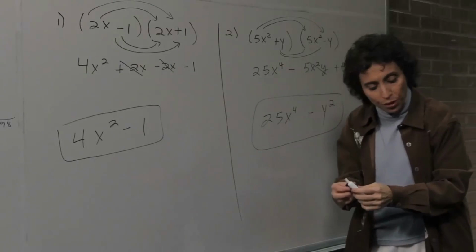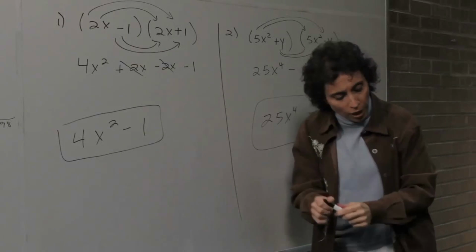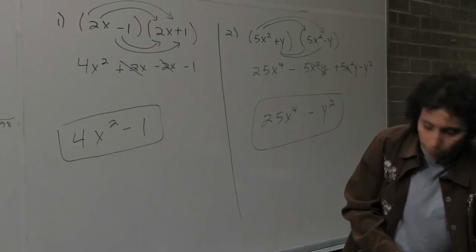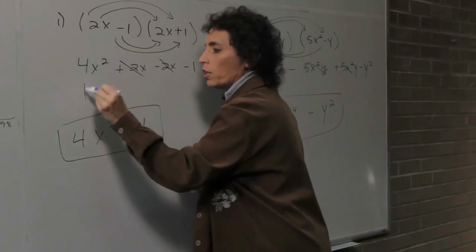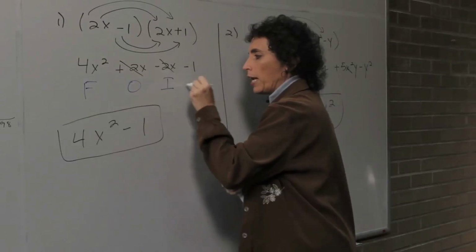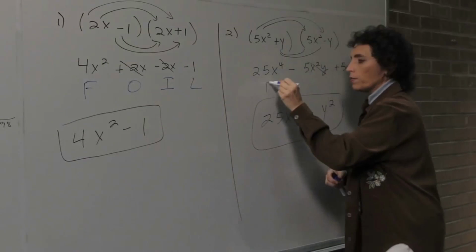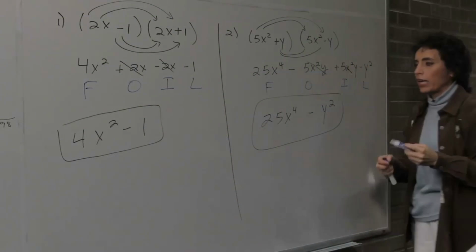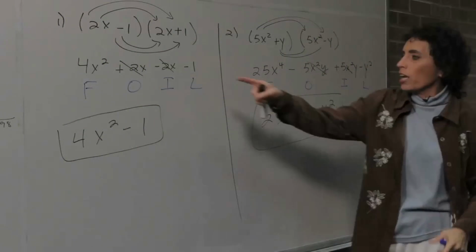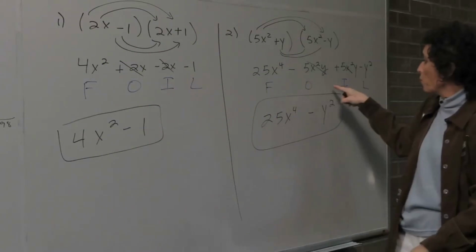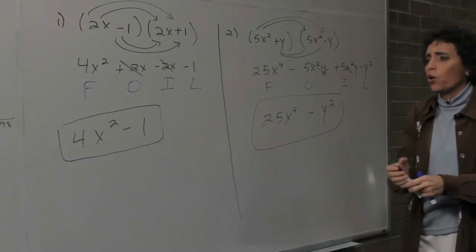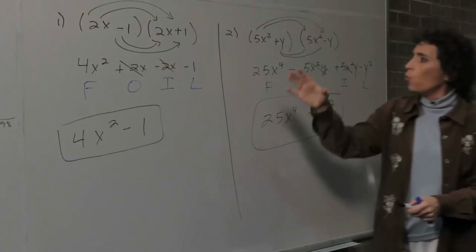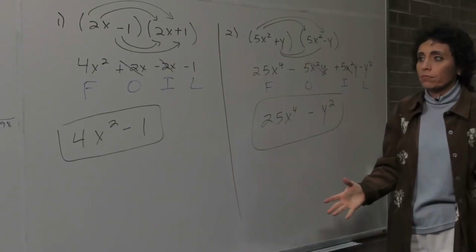Now listen, if you did FOIL, not a big deal if you didn't, but if you did FOIL, this is where that would have come from. Now notice, in both cases, the OI terms, which we call the middle terms, dropped out. Why did that happen?